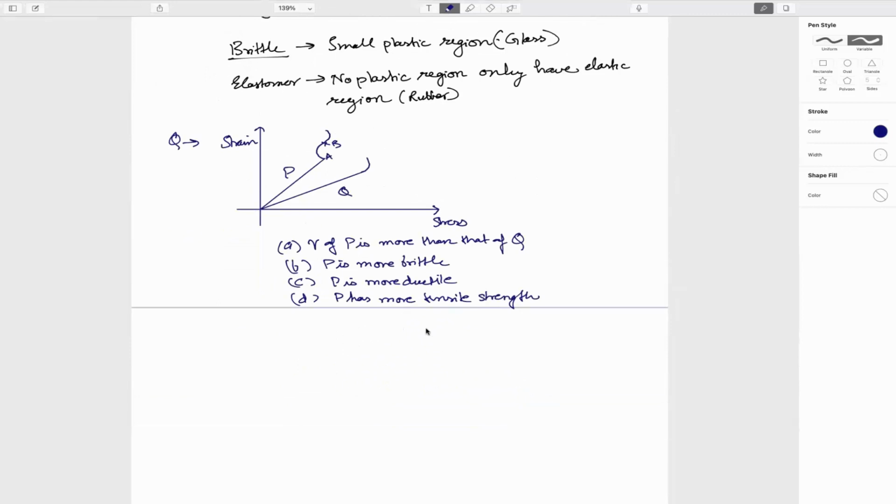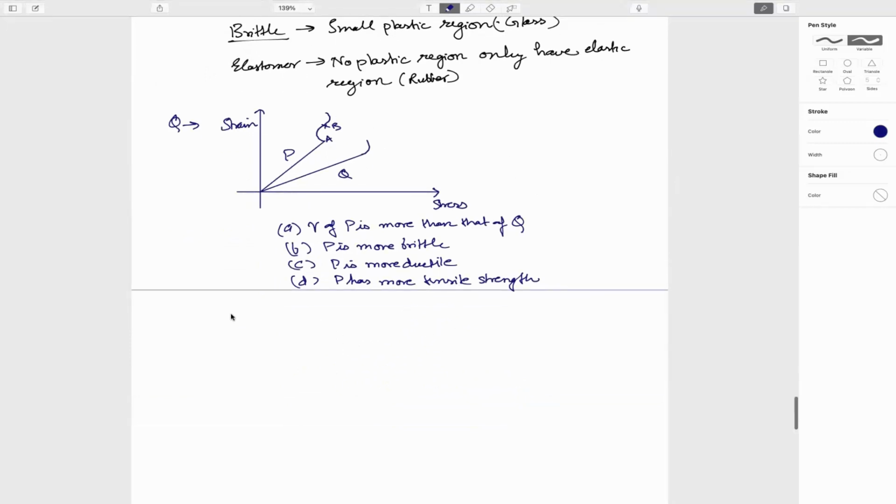Gamma is nothing but stress upon strain. So the slope of P and Q is strain upon stress, and that is 1 by gamma.